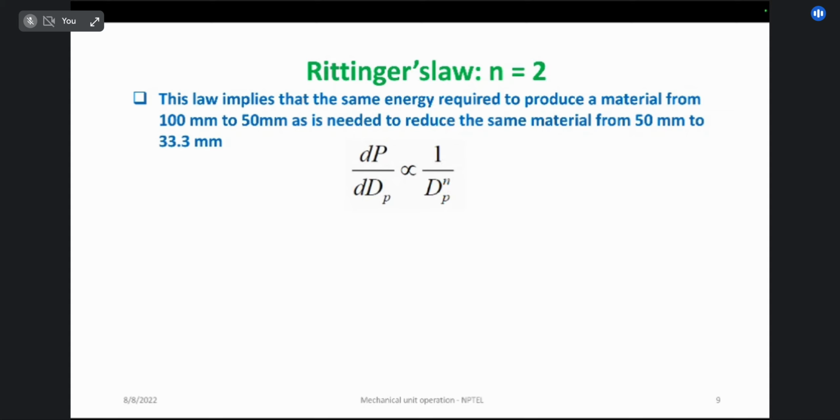This is not the actual case in a practical scenario, but we need to follow this if we are following Rittinger's law.